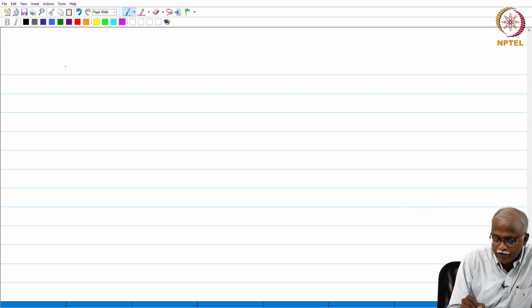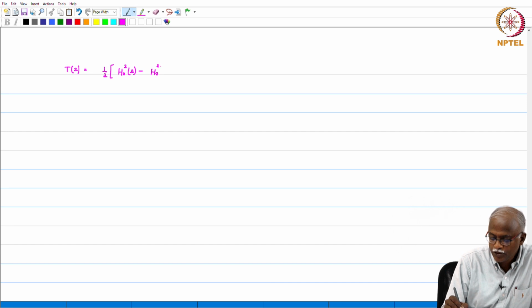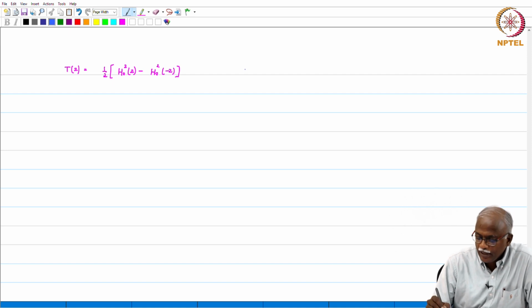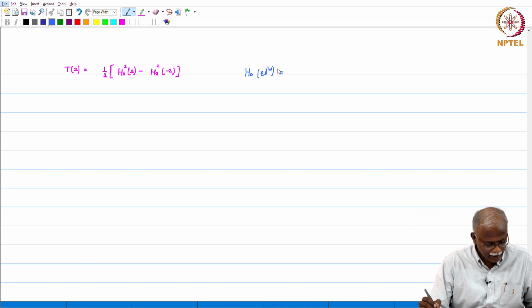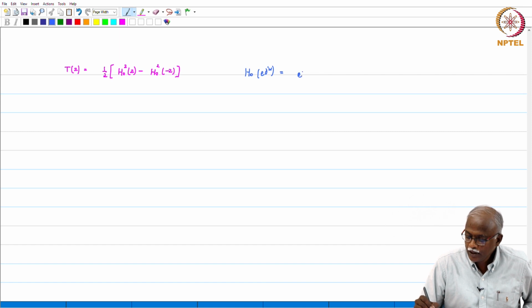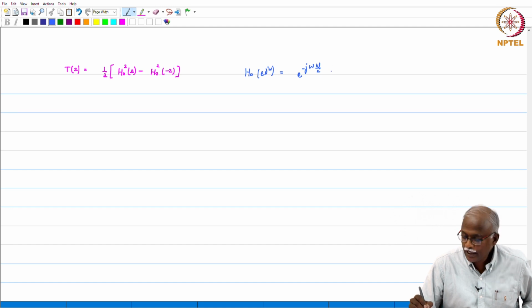Let us start on a fresh page. We have the overall transfer function T of z equal to 1/2 of H naught squared of z minus H naught squared of minus z. We have H naught e of j omega given by e power minus j omega n by 2 H r of e of j omega.